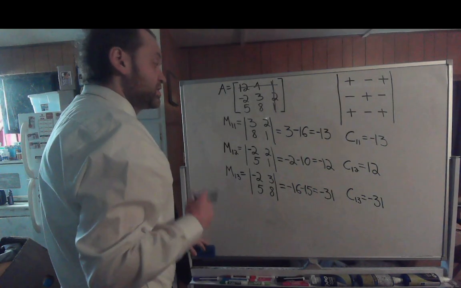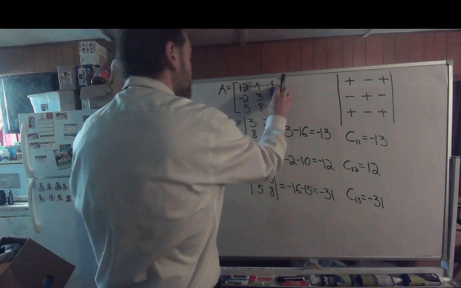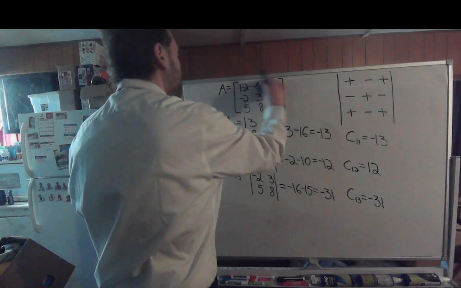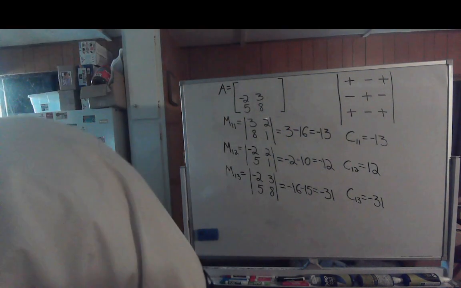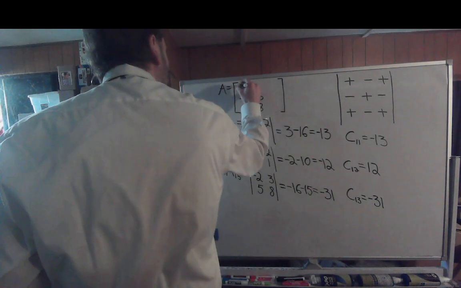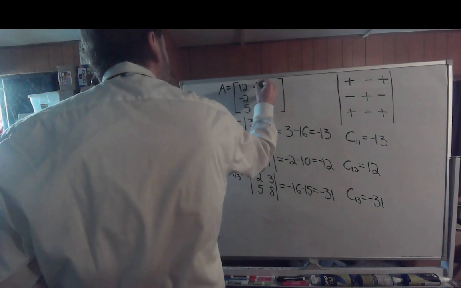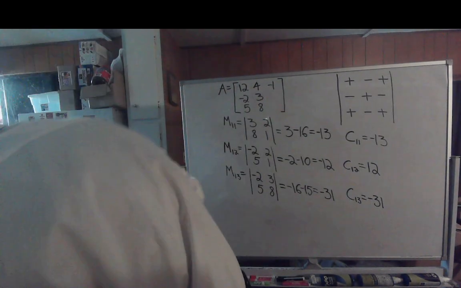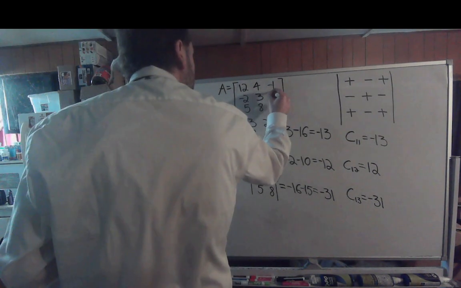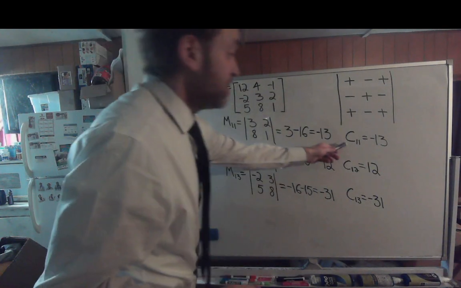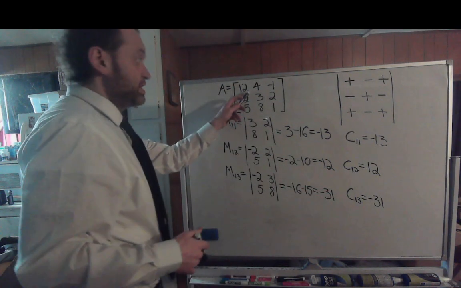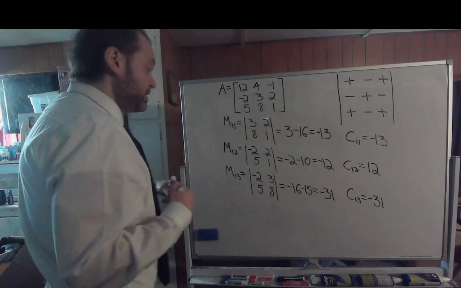All right, so now let's rebuild this one more time here. 12, 4, negative 1. Now, since I found all my cofactors, this is where I deal with the coefficients in row 1.